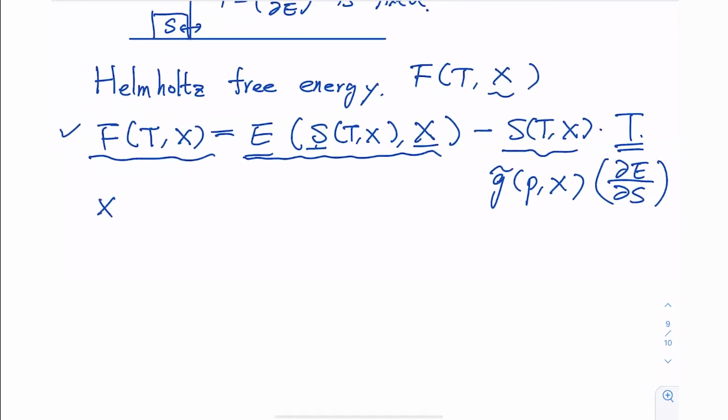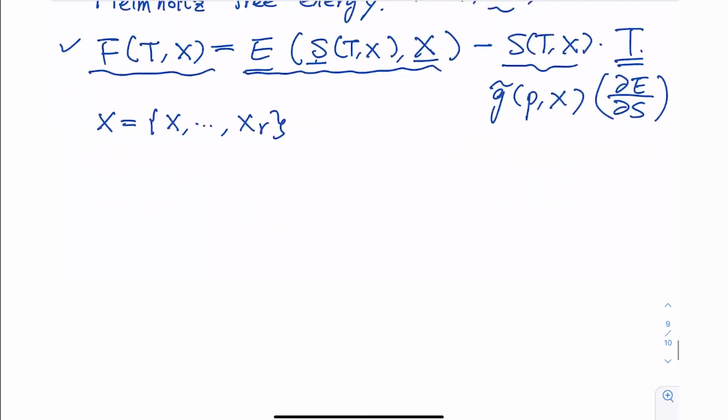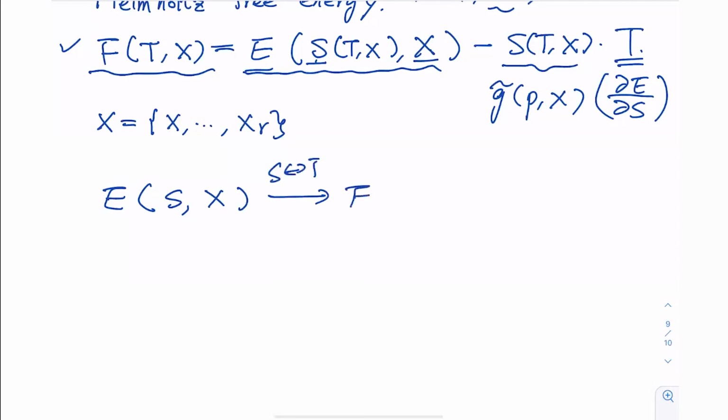I think I forgot to mention that, but let me just try to write it down. So energy at first is described by entropy and other extensive variables. So we are trying to change that. And it will be a free energy as a function of temperature and other extensive variables.